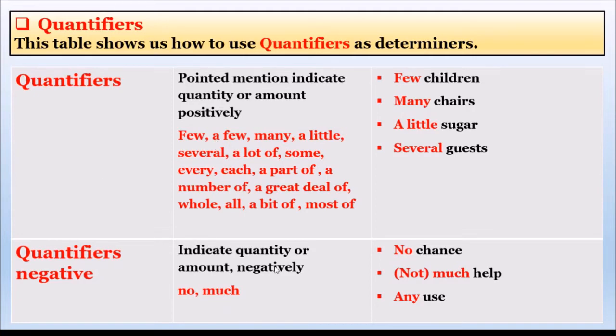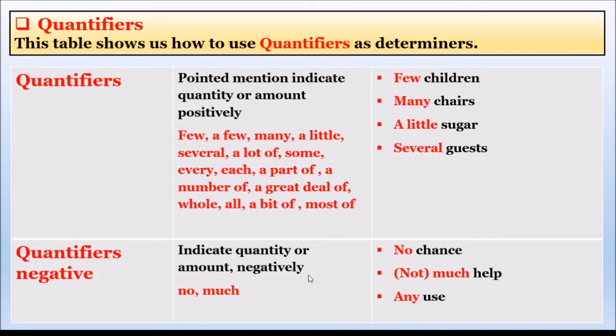And when we are not sure how much or how many things there are, when we are not sure about the number, that comes under negative quantifiers. For example, all means how many, we can't say. Many means more, but we can't say the exact number. Several, all these come under negative quantifiers, isn't it?